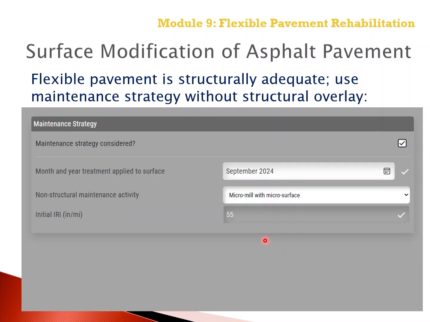So the inputs to using the maintenance strategy in the Pavement ME software are the date of the placement of that strategy, say September 2024, the type of activity, say micromill and microsurface, and the initial IRI after the activity has been placed, as an example, 55 inches per mile.